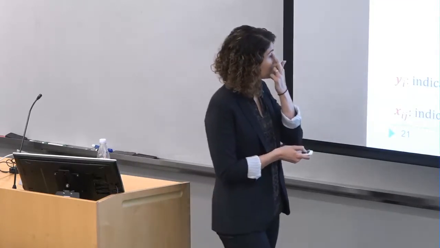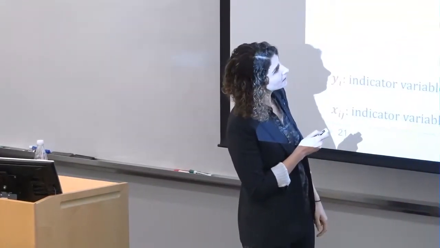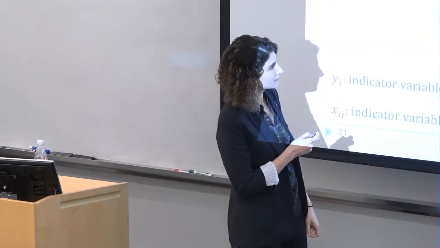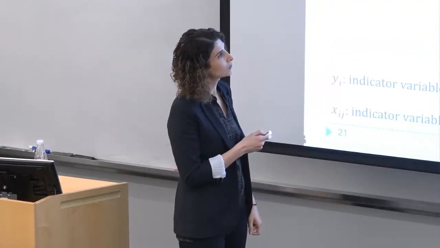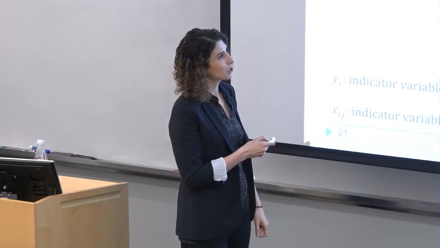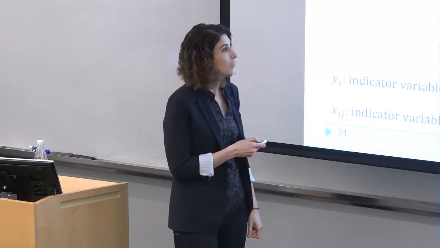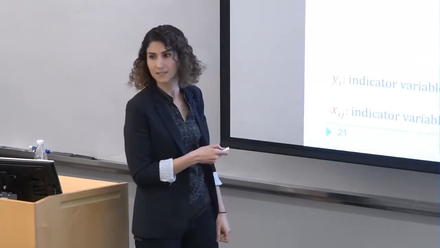And in the LP, we want to minimize the total sum of the connection cost of clients to facilities. We want each client to be assigned to some facility. If a client j is assigned to facility i, we want that facility to be open, and we want to open k facilities in total.